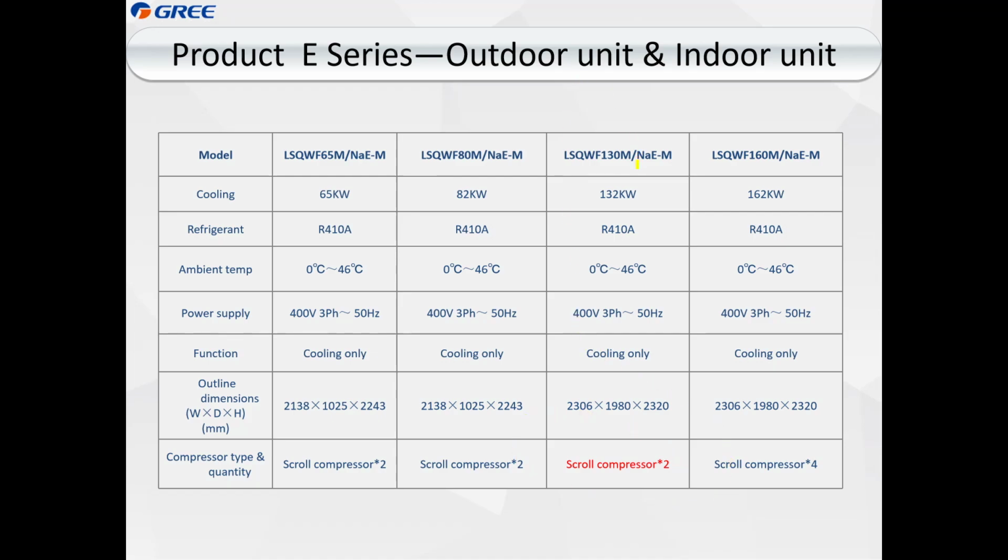For D series 130 kilowatt, the quantity of compressors is 4, but for E series we only have 2 compressors. So the cost will be lower than the D series, and the noise will also be lower.